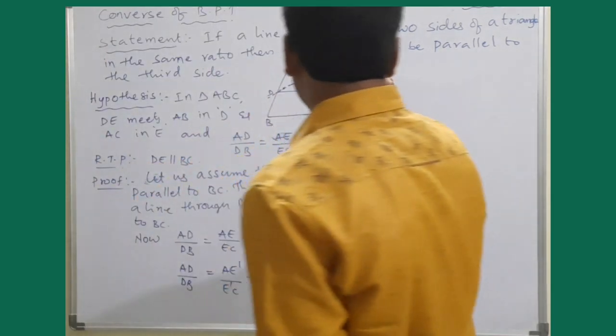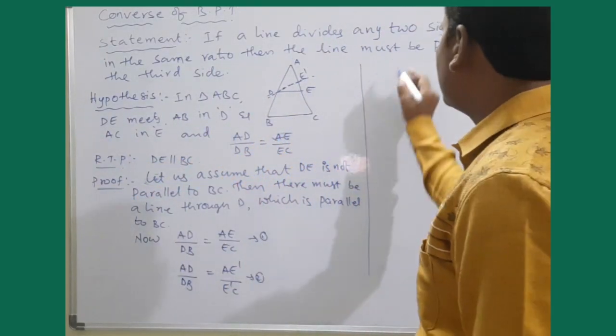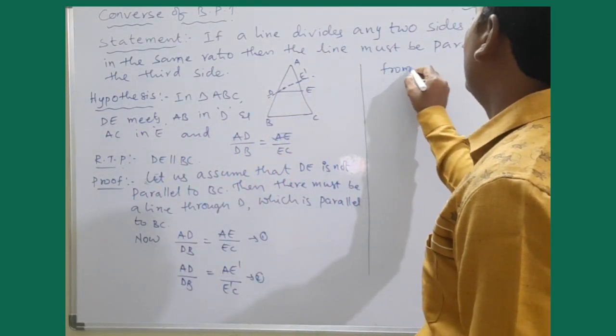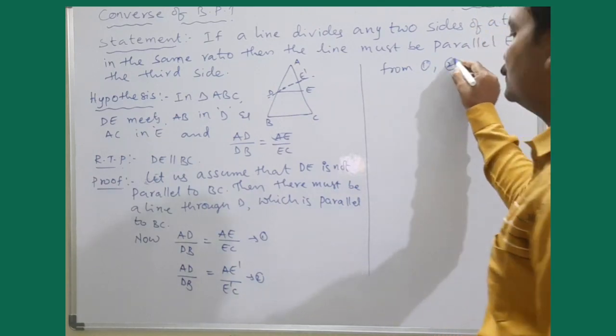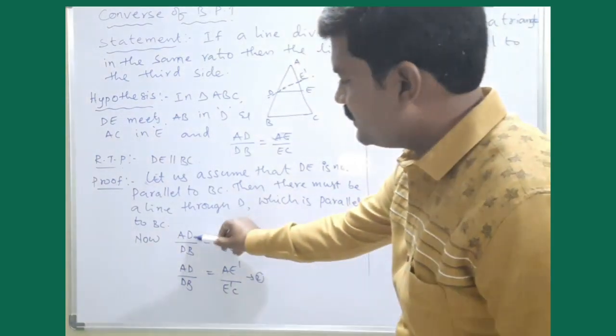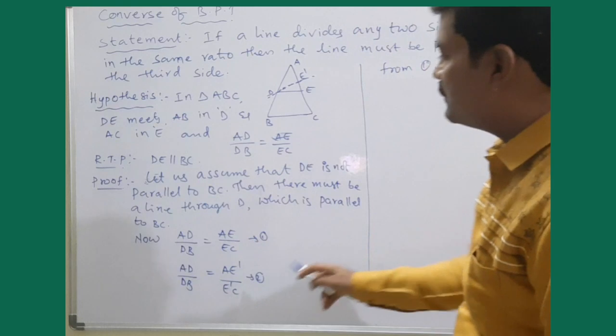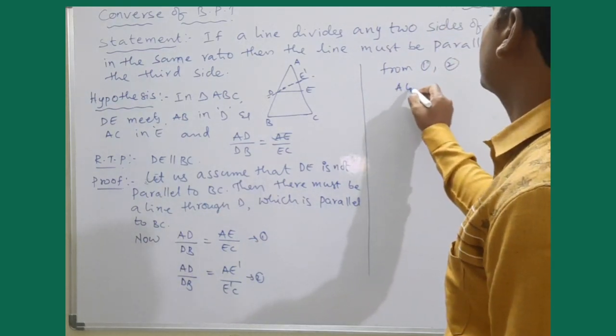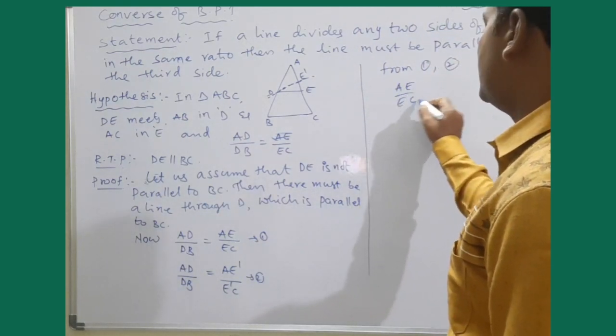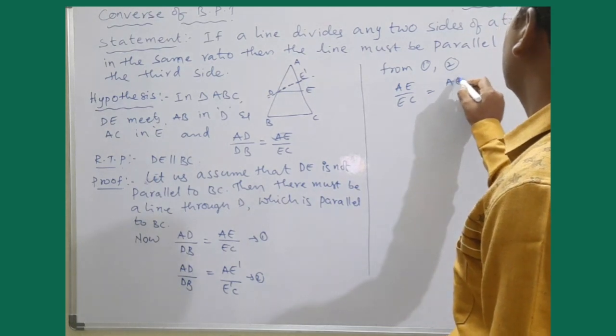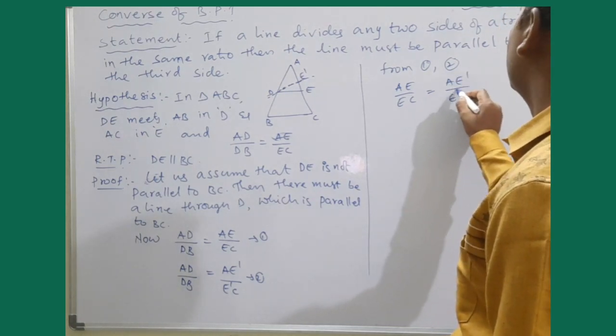From 1 and 2, both are equal to AD by DB only. Hence I can say that AE by EC is equal to AE dash by E dash C.